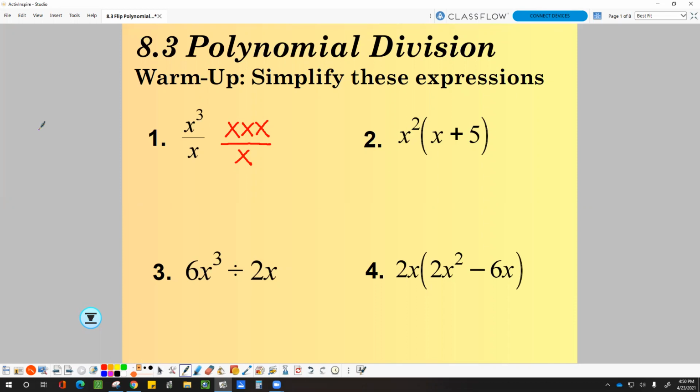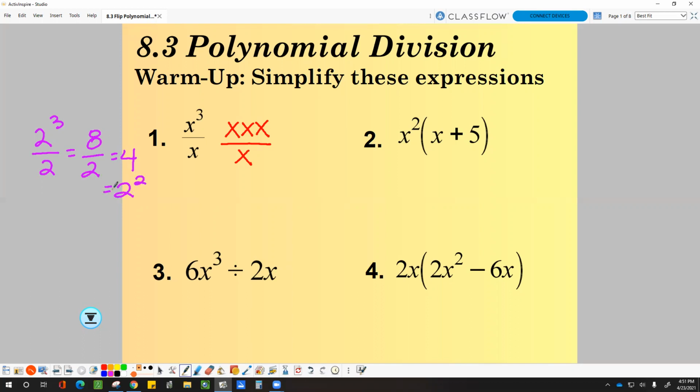So we substituted a number. We said, okay, if x was 2, then I would have 2 to the third divided by 2. That's 2 to the third is 8 divided by 2. This is 4. 4 is 2 squared.